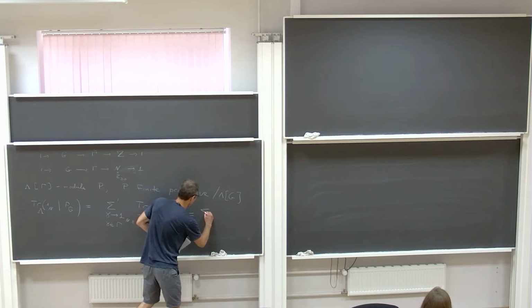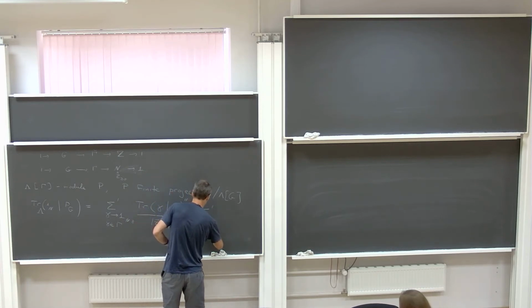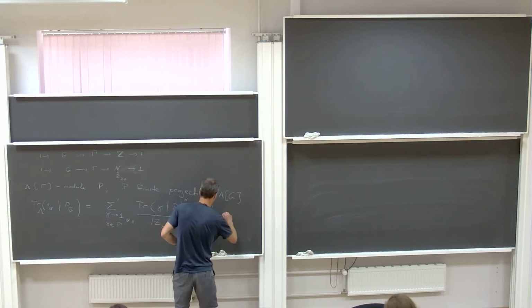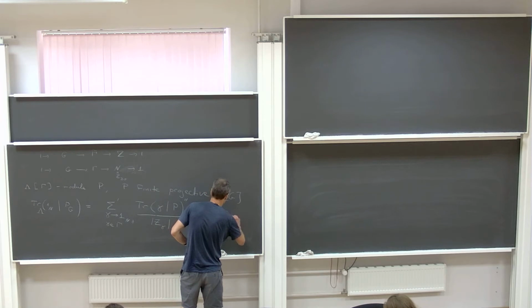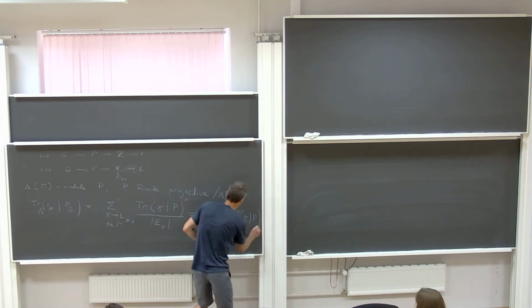We rewrote this as we defined some quantities that we called trace Z gamma of gamma acting on P, right?